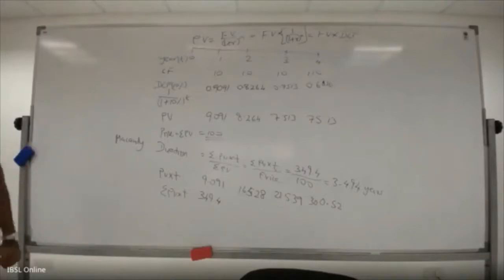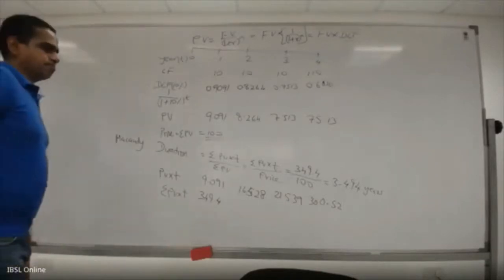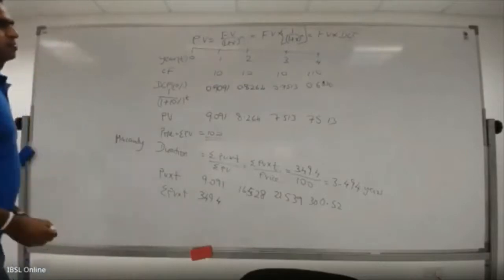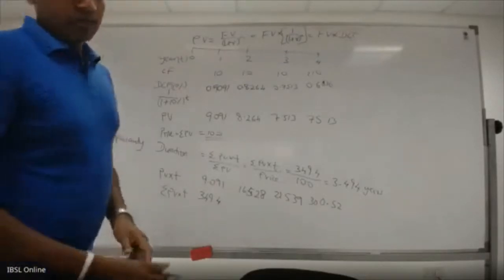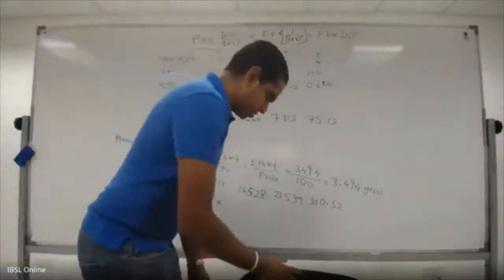Now, the bond price sensitivity in this case is measured by modified duration, or M duration.